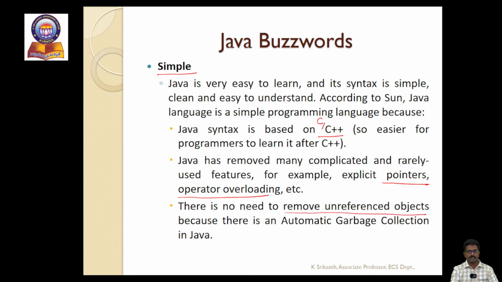Generally in C language, the dynamic memory allocation is done by using three functions: malloc, calloc, and realloc. These are used to allocate memory at runtime, and to free the memory allocation, we have a function called free.